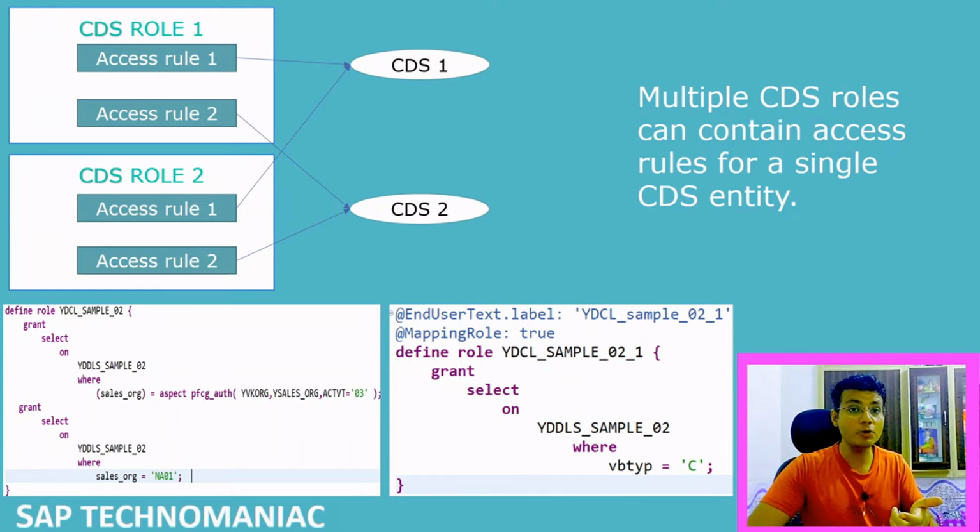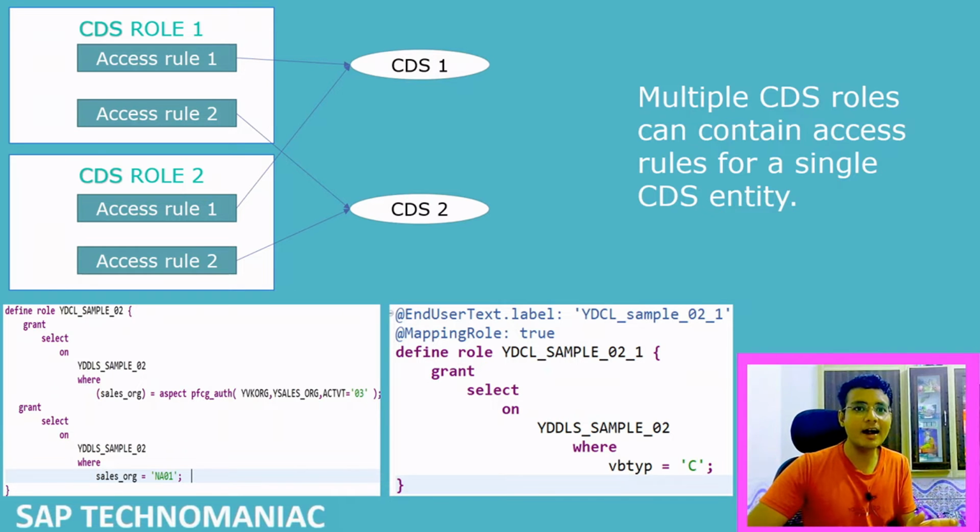That is the reason I told you, when you create the grant rule on this particular CDS entity, since it is combined using OR conditions, it will give all the data, all the access, because this grant rule will always be satisfied. Even if there are different rules, because there is one grant rule, it will give entire access and be satisfied every time.